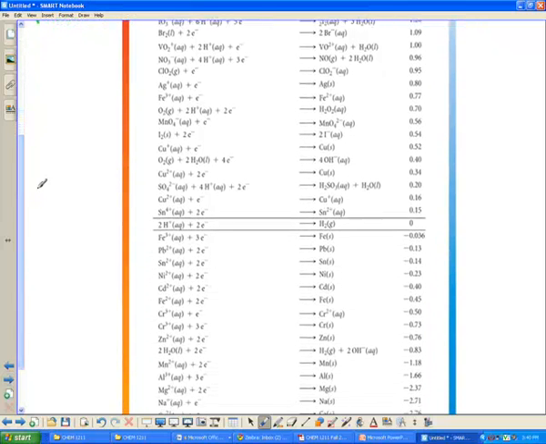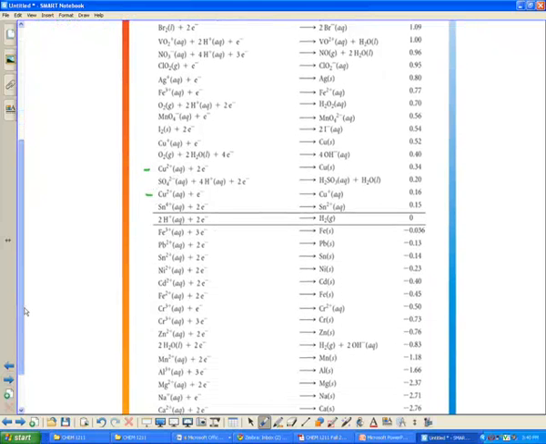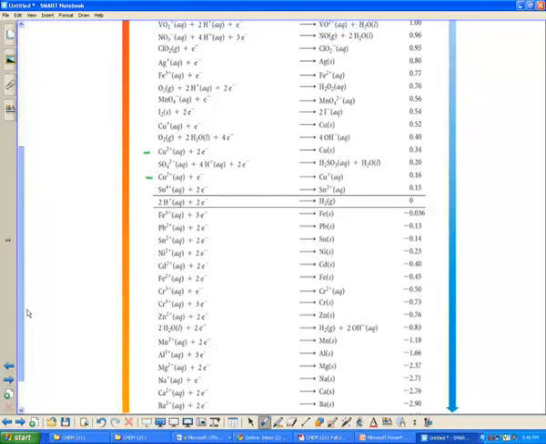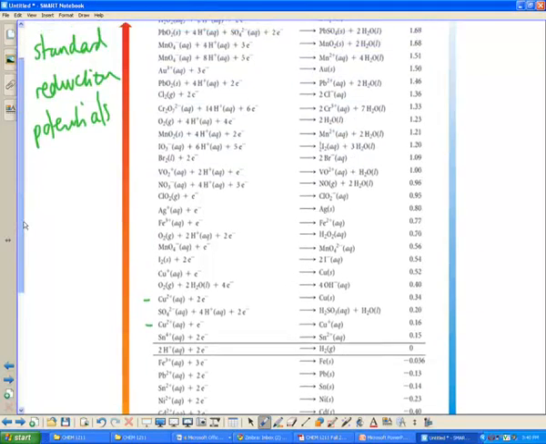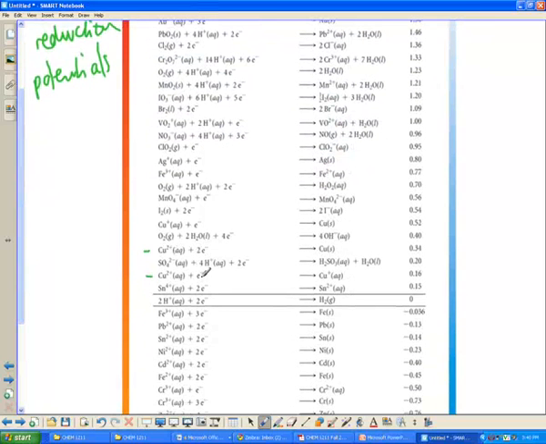If we look for copper, for example, here's one entry for copper. Here is another entry for copper. It doesn't really matter whether there are any more entries. The issue is we have two entries for copper here, and the question we have to ask ourselves is, which one do we need to use?